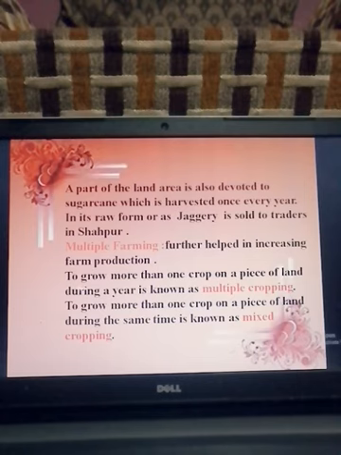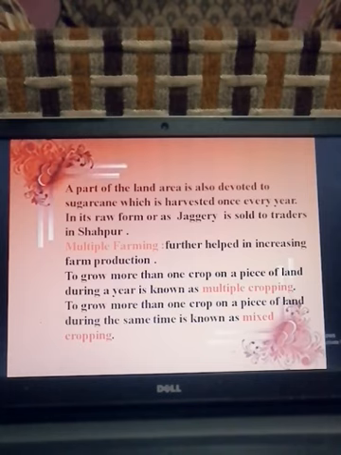To grow more than one crop on a piece of land during a year is known as multiple cropping. It means in one year, season after season, the crops are grown on the same land, one season after the other. So that is multiple cropping.